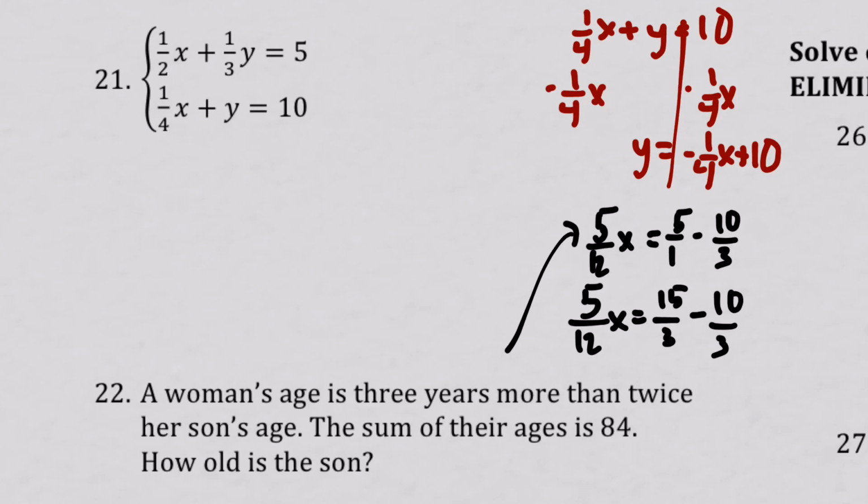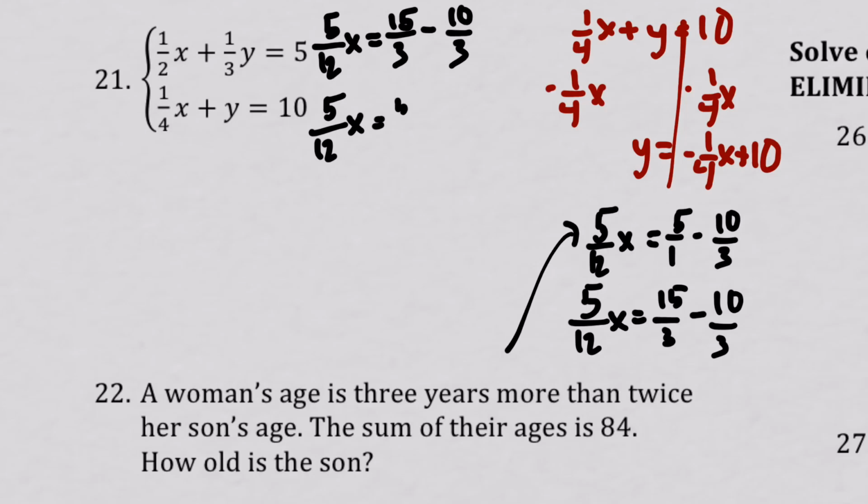So here's what I have. 5/12x equals 15/3 minus 10/3. 15/3 minus 10/3 is 5/3. So 5/12x equals 5/3.